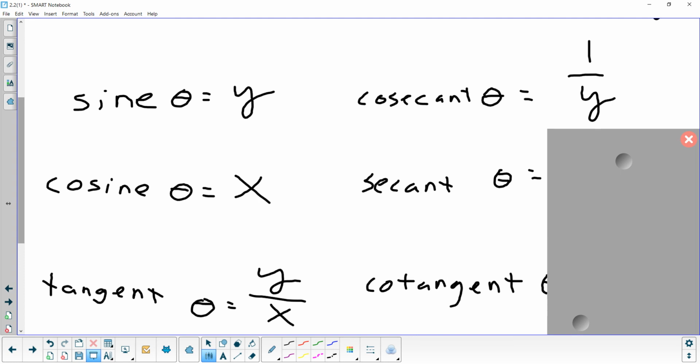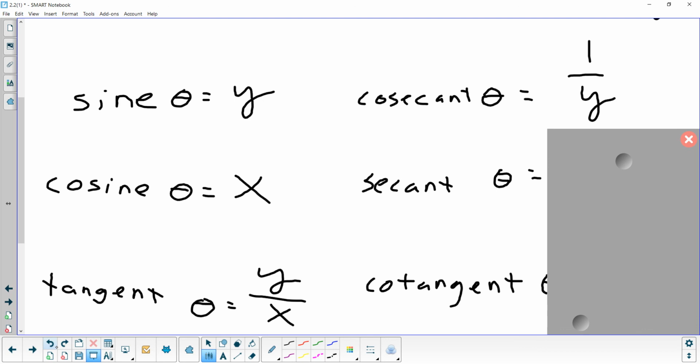Anybody see the connection between the cosecant and the sine? Yeah, Colby? It's the reciprocal. Exactly, perfect. It's the reciprocal. The simple word is it's flipped. And if you're like, wait, how do you flip something that's not a fraction? Well, just pretend that's a fraction and put it over 1. So it becomes 1 over y.